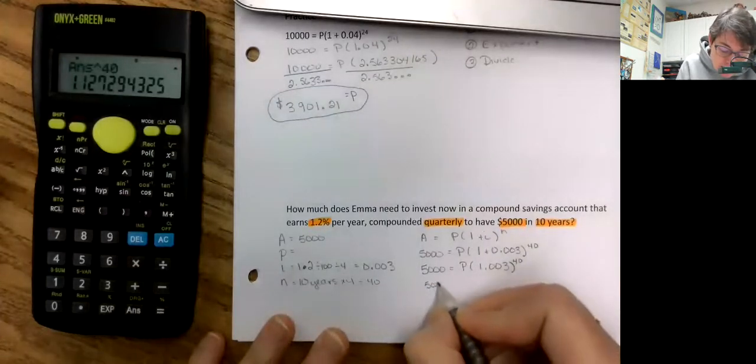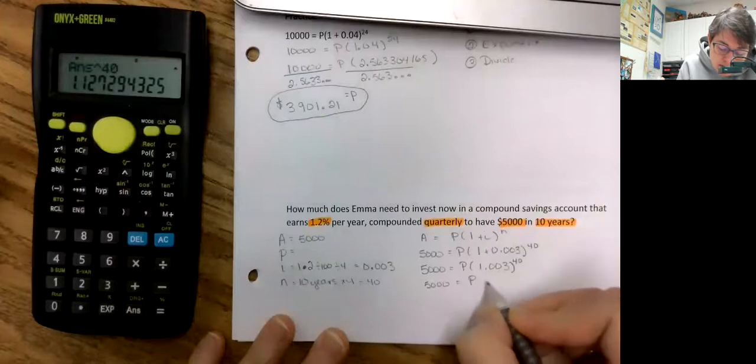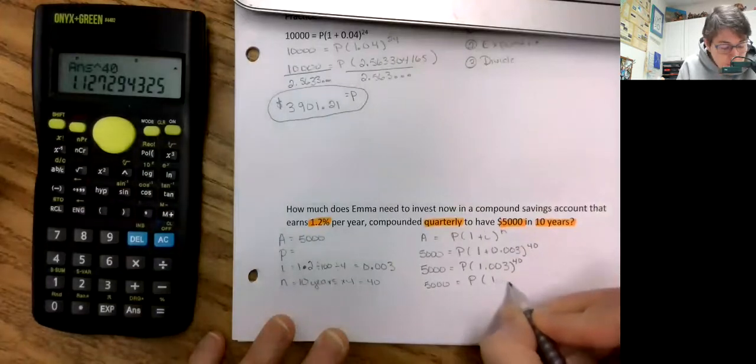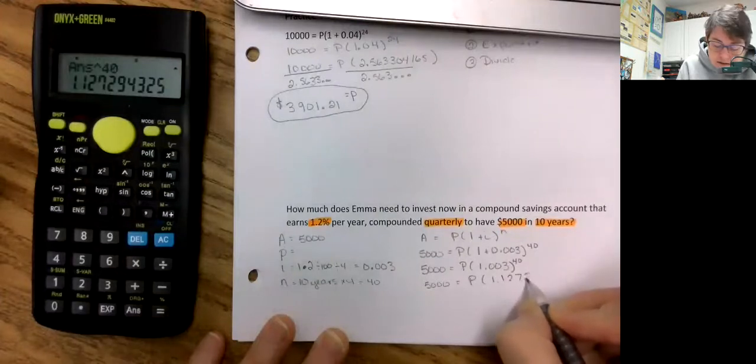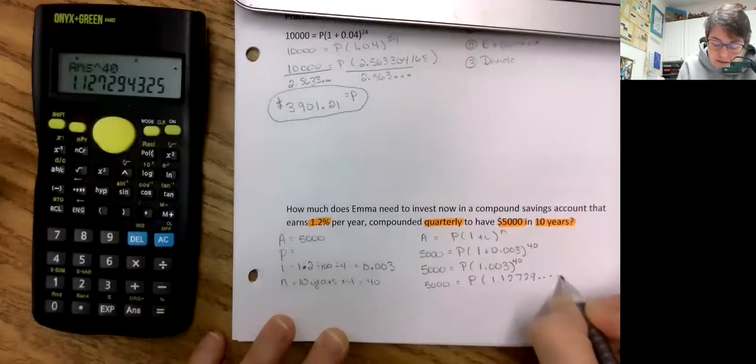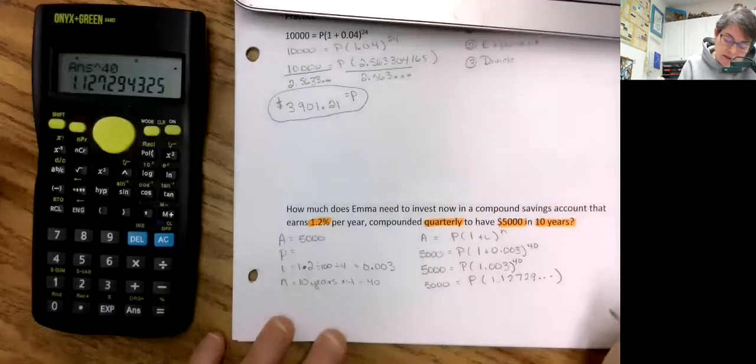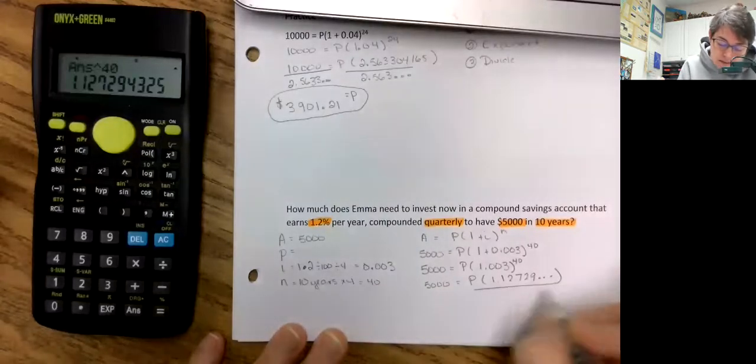So 5,000 is equal to P times 1.12729, and divide 5,000 by 1.12729.